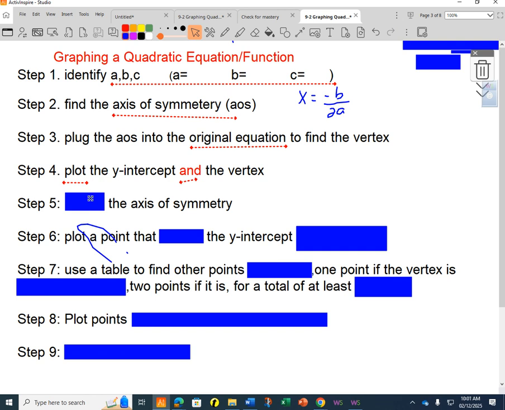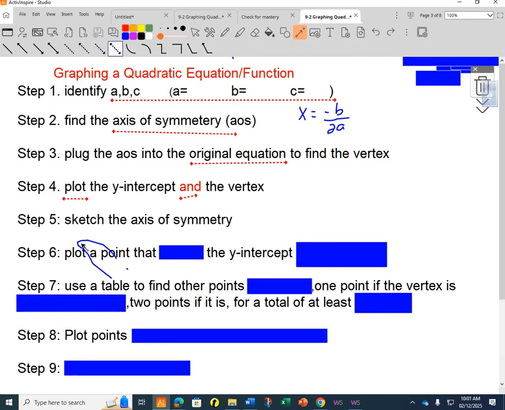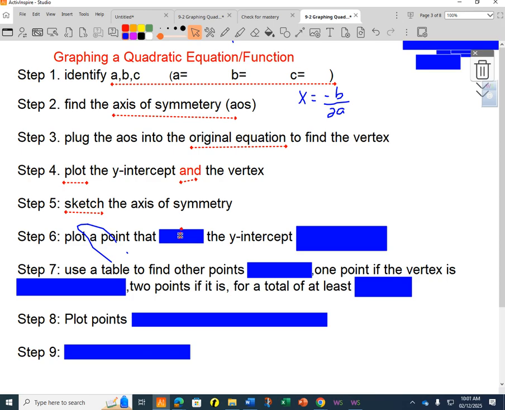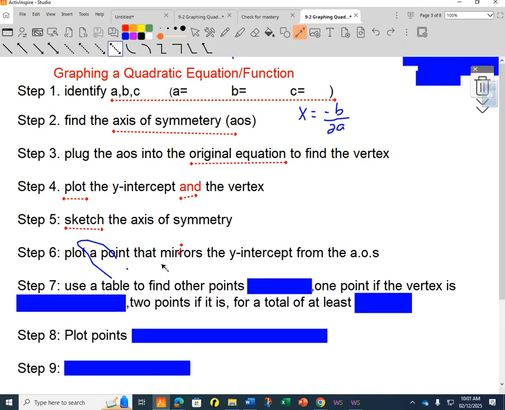The next thing we're going to do is sketch the axis of symmetry. That means we're going to draw a dotted line through whatever the number is on the x-axis, remember? Then we're going to plot a point, like we talked about, that mirrors the y-intercept, mirrors it about the axis of symmetry.